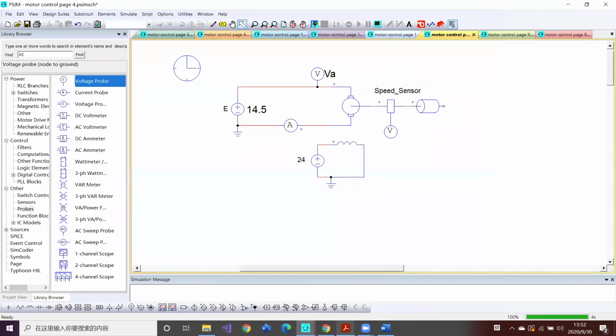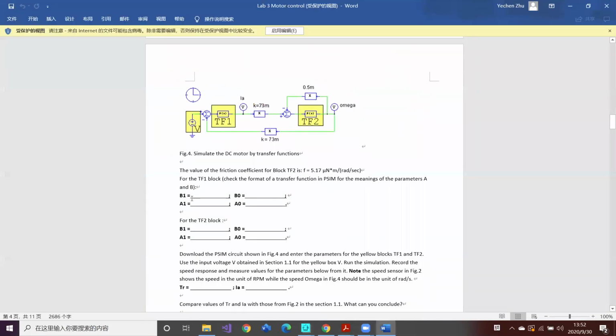All right, so let's do this transfer function together.